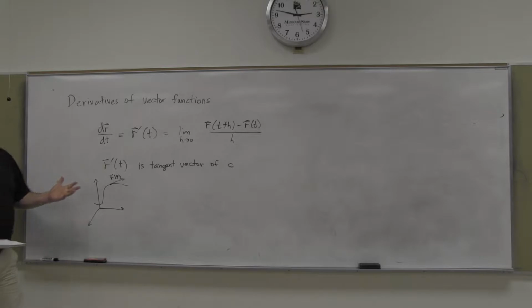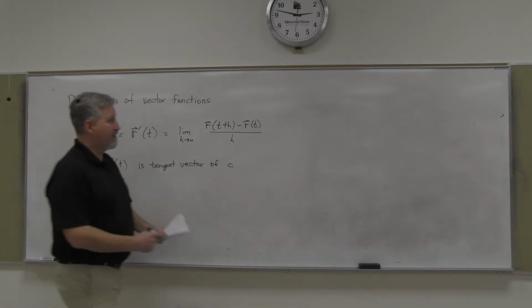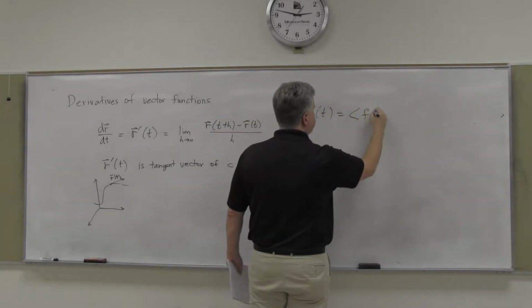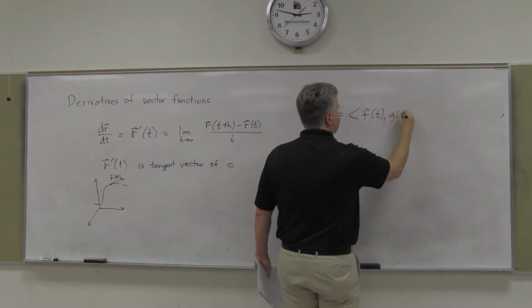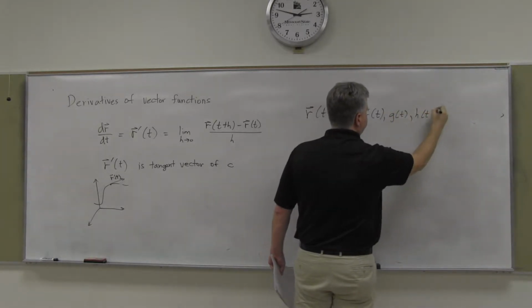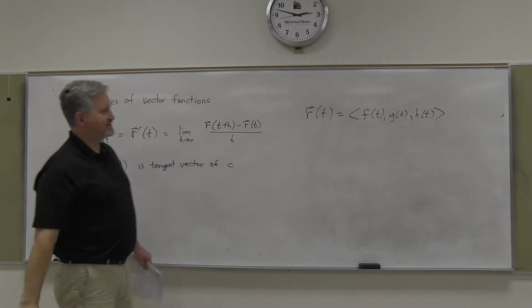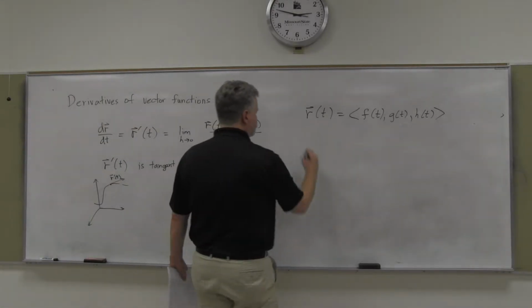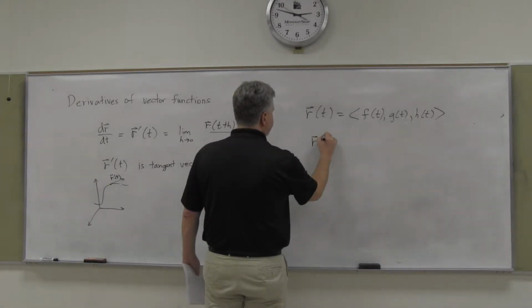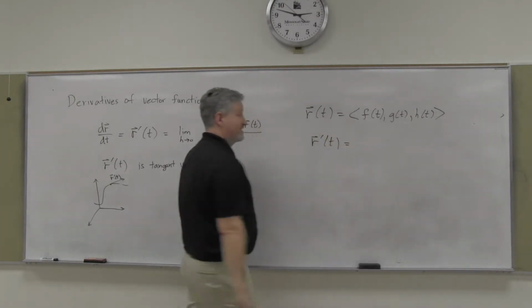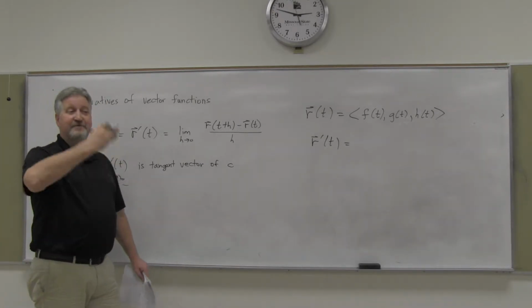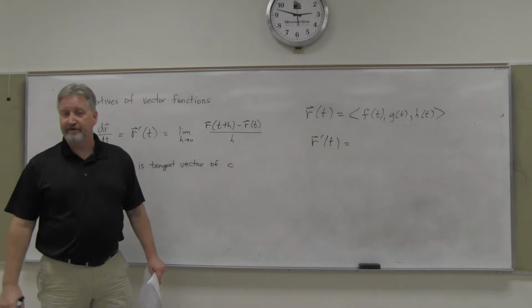Also good news: if I've got r of t equals f of t, g of t, h of t, one drawback is it can get lengthy to write, but for r prime of t, you just do the derivatives of each individual part.